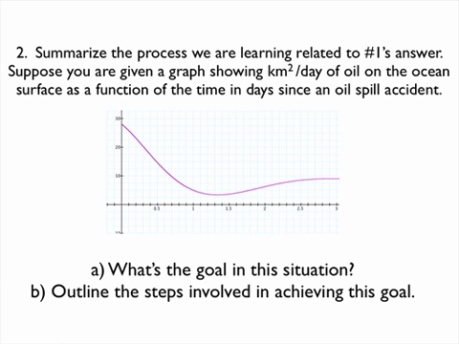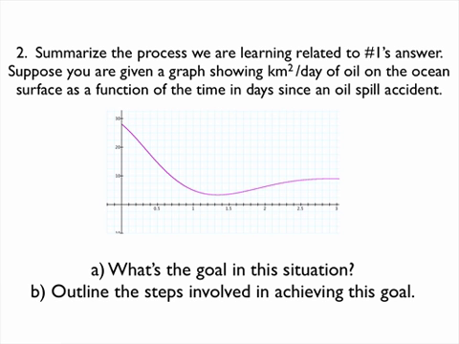So in this question, you're going to summarize the process we're learning related to the answer you just made in number 1. Okay? So suppose you're given a graph showing kilometers squared per day of oil on the ocean surface as a function of time and days since an oil spill accident.